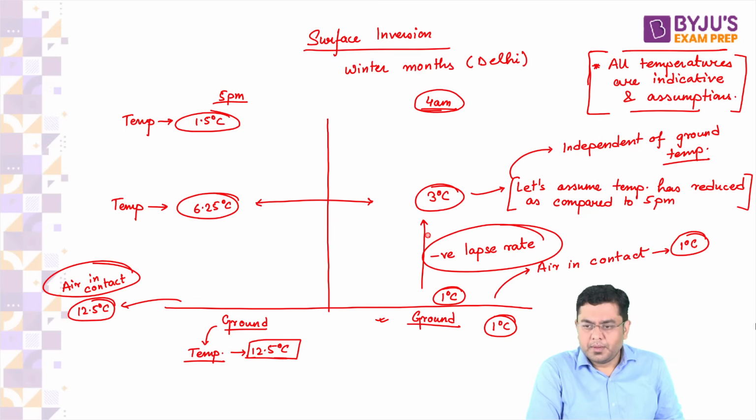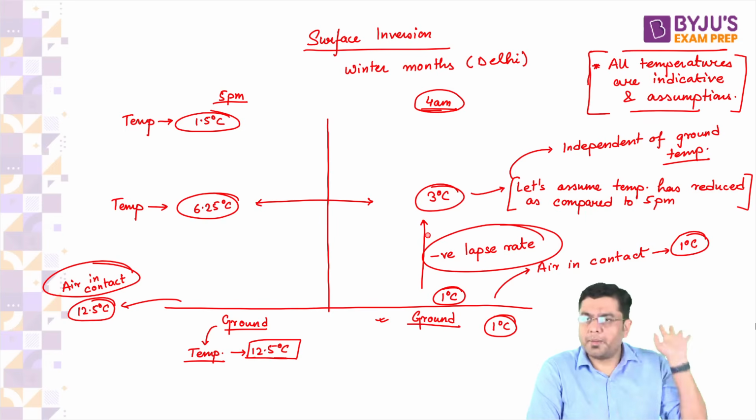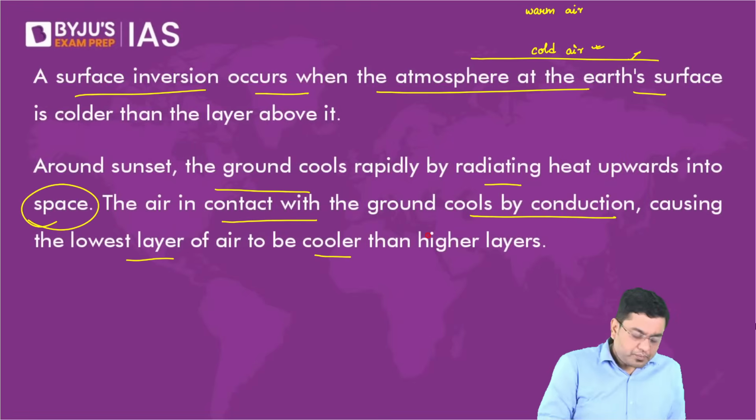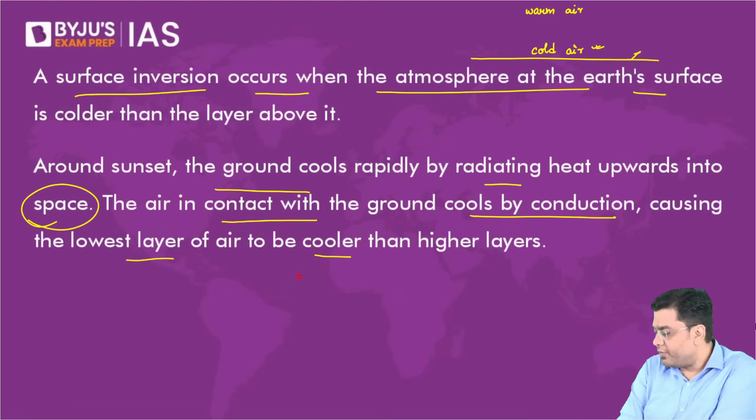Okay. What happens in the morning? Does this situation change? Obviously. During the morning, as the ground will get heated up, again, the situation will change. The situation will revert back to normal. Okay? Good. Now, this is your surface inversion. So, under which conditions will you experience the surface inversions?